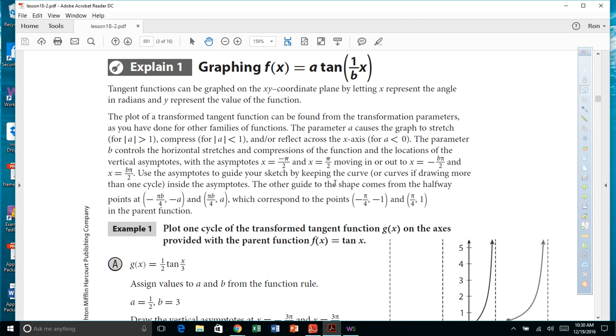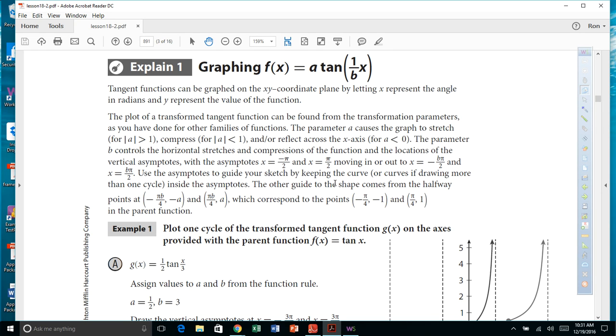The parameter b controls the horizontal stretches and compressions of the function and the location of the vertical asymptotes, with the asymptotes x equals negative pi over 2 and x equals pi over 2 moving in or out to x equals negative b pi over 2 and x equals b pi over 2. Use the asymptotes to guide your sketch by keeping the curve or curves, if drawing more than one cycle, inside the asymptotes.